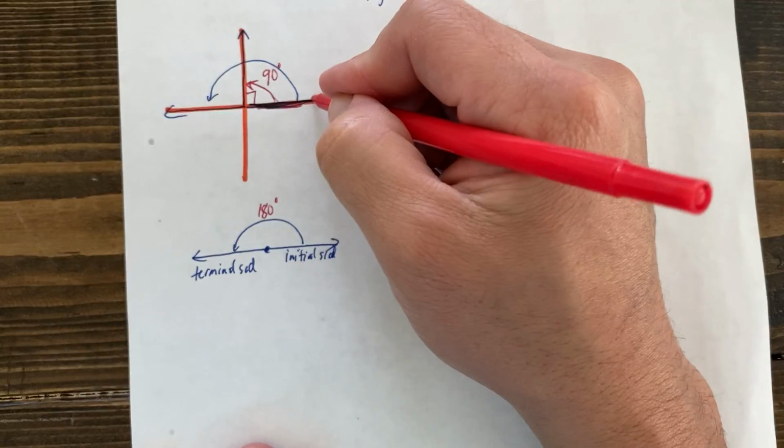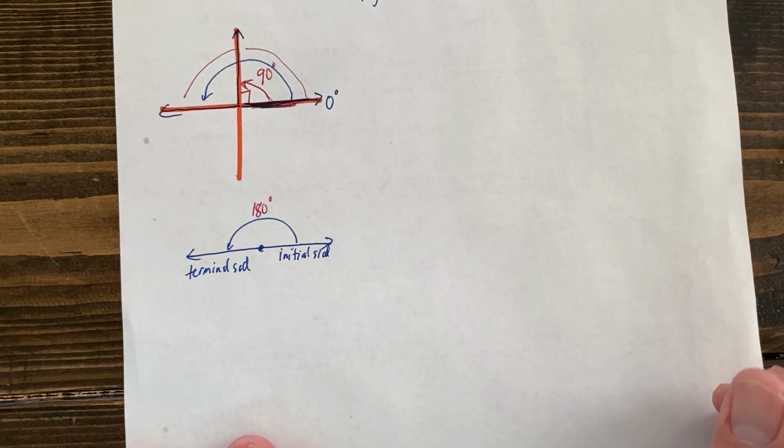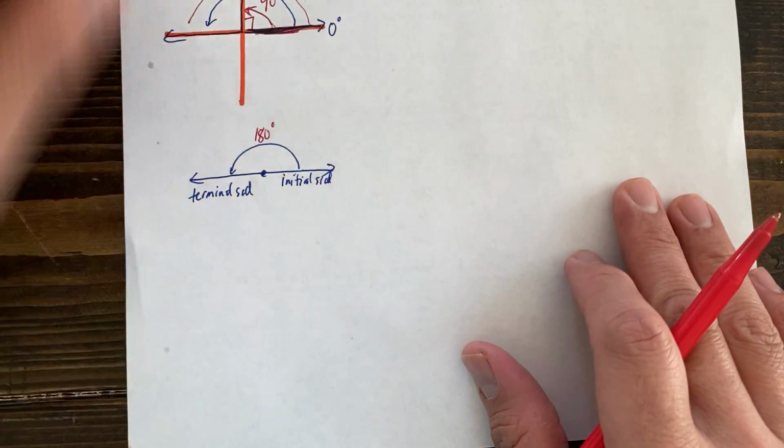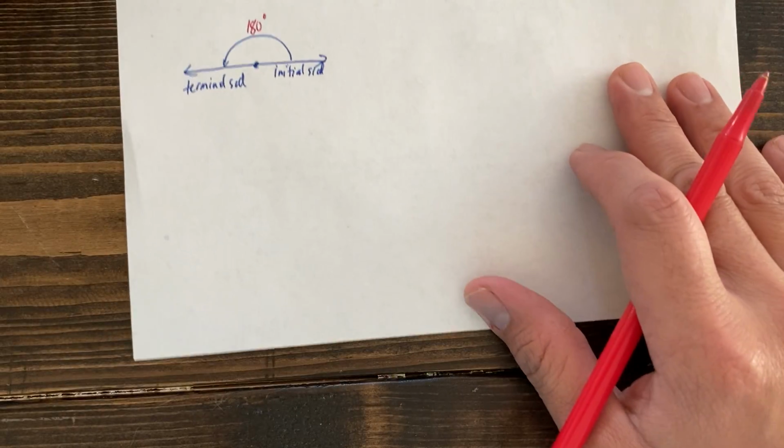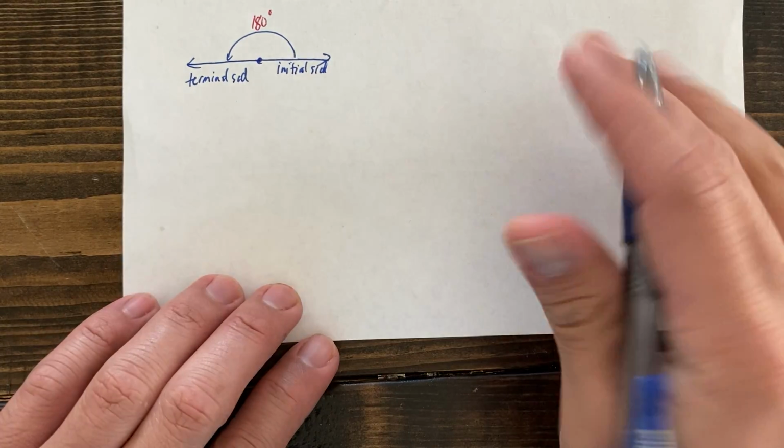Here you have a 90 and you have a 90 here. That makes it 180. And let's say our angle continues to progress in the same direction of counterclockwise.